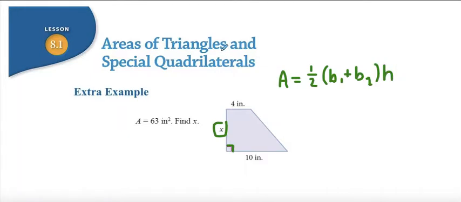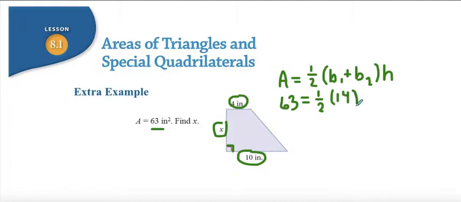So now let's substitute what we can substitute. Area is 63 inches squared, is 1/2 of base 1 plus base 2. Base 1 is 4 inches, base 2 is 10 inches, so I get 1/2 of 14 times my height, which is x. So you have to remember some algebra here.